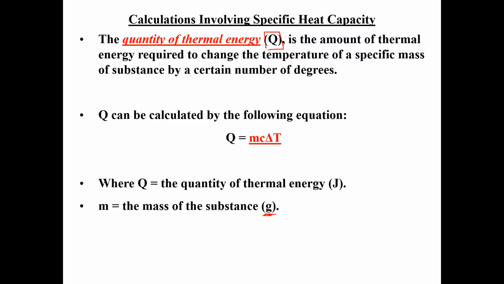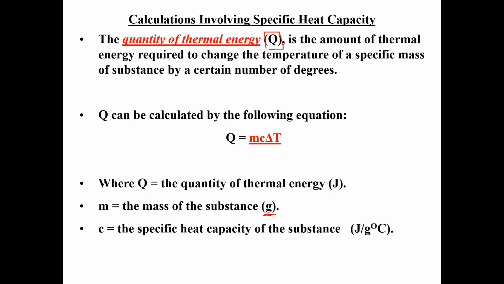C, as discussed before, is the specific heat capacity in joules per gram degree Celsius.